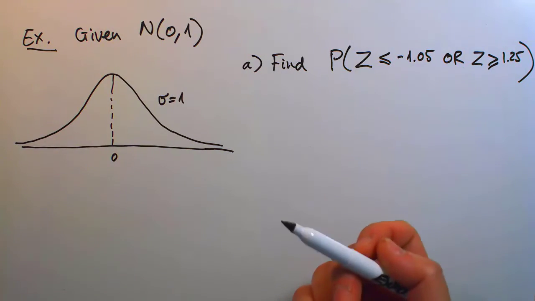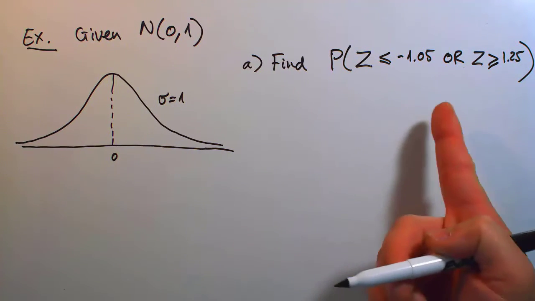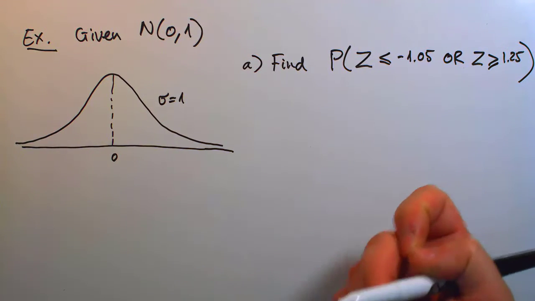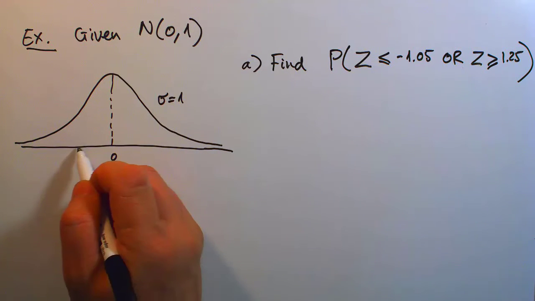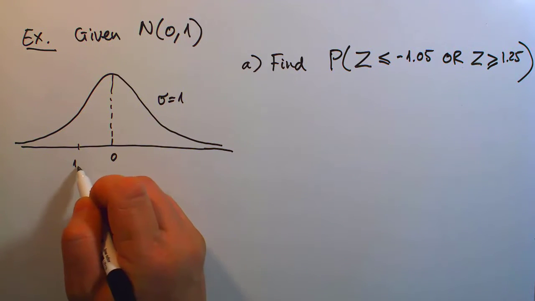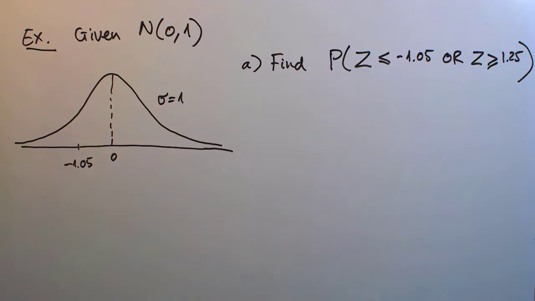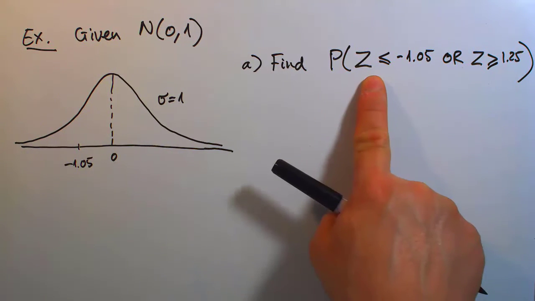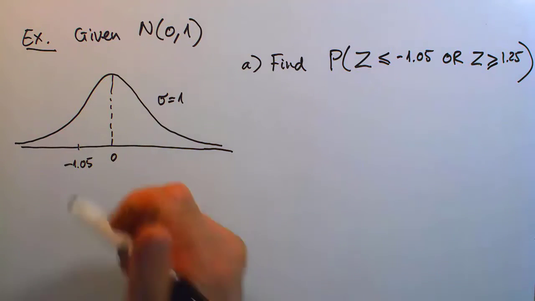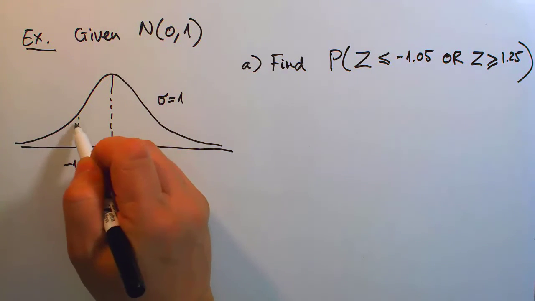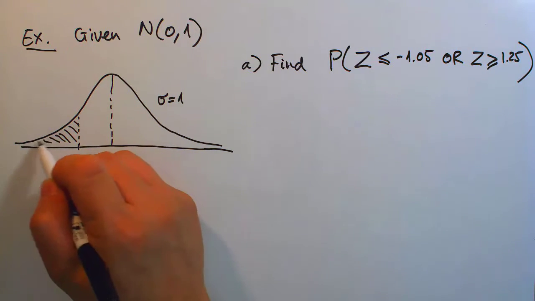So first of all, let's understand how we put down the shading. Shading is extremely important in this problem. Negative 1.05 is somewhere to the left-hand side of the center. And this statement says we are looking for less than or equal to negative 1.05. So here's how I'm making my shading, just directly from what we saw in the statements.